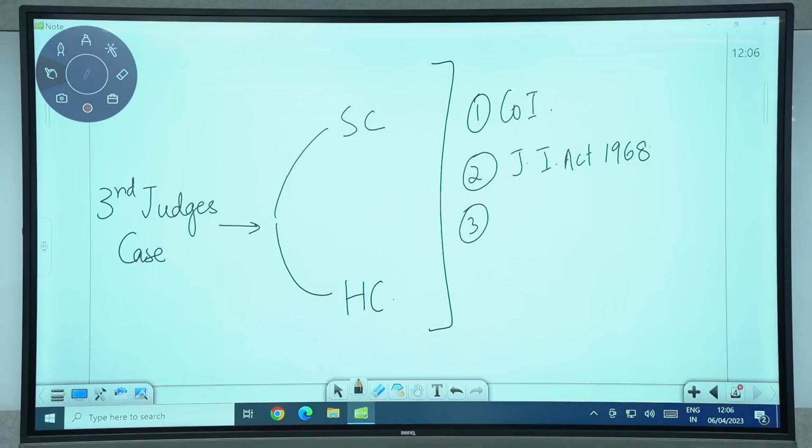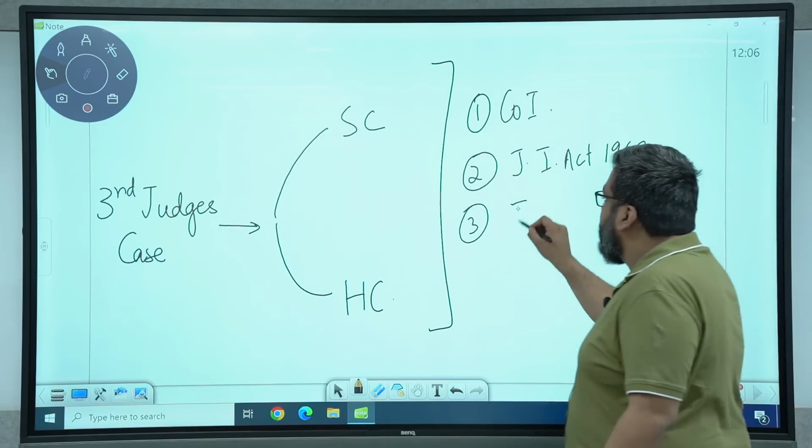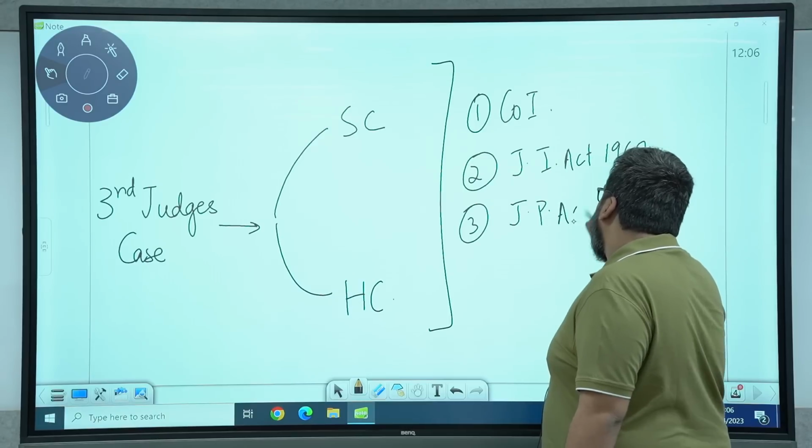Third, the third set of laws that we look at is called the Judges Protection Act of 1985, a fairly unknown law which gives you a lot of immunities and protections to judges.